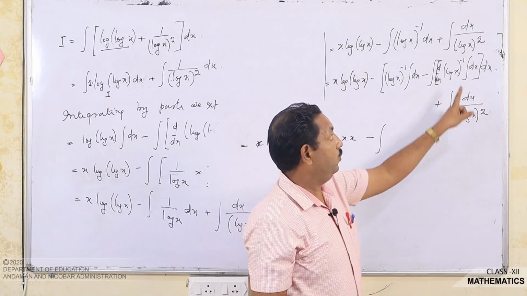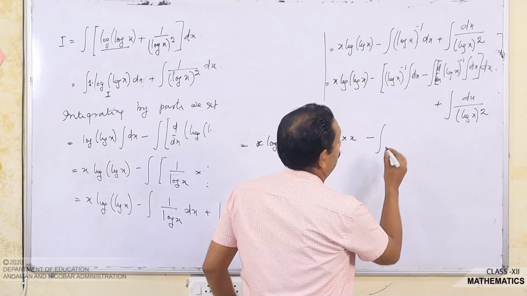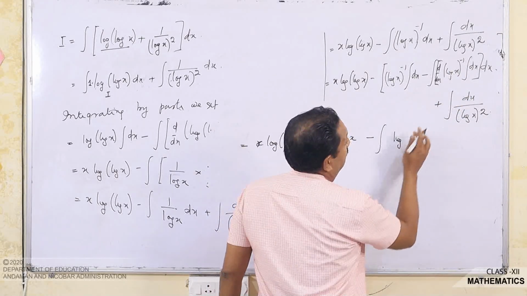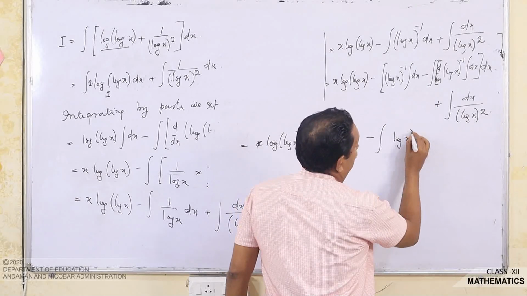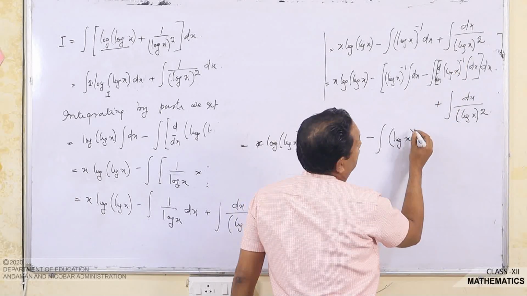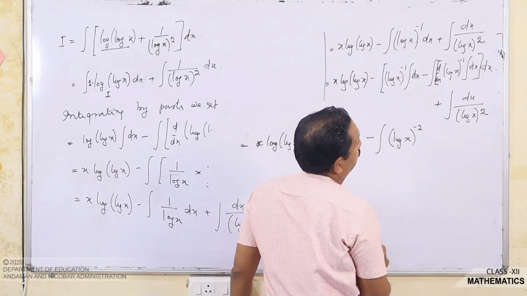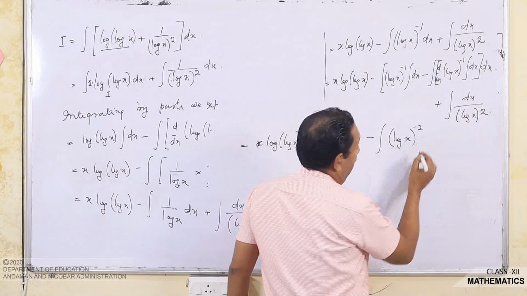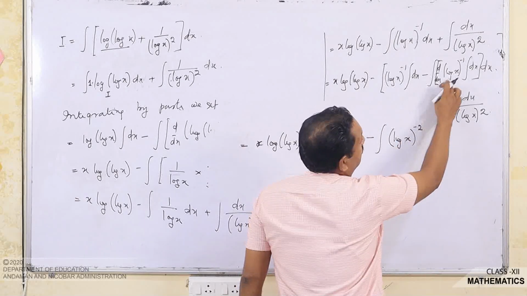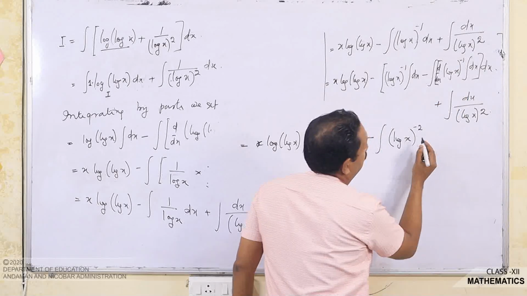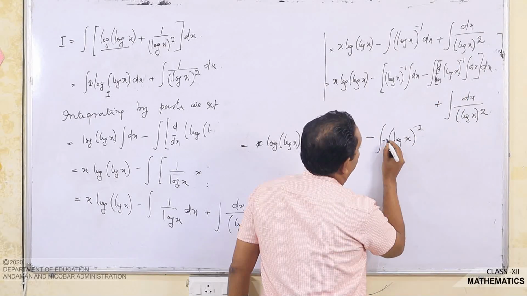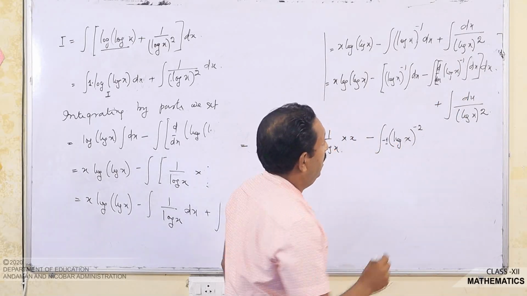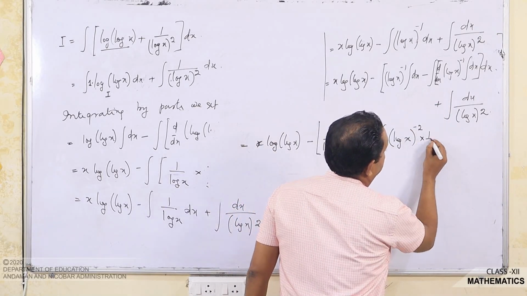Look here very carefully, derivative of this one, that is (log x) whole power minus 1, that means this will be minus 2, okay, and this for this minus 2, and you will have minus 1 here also, and that 1 by x.